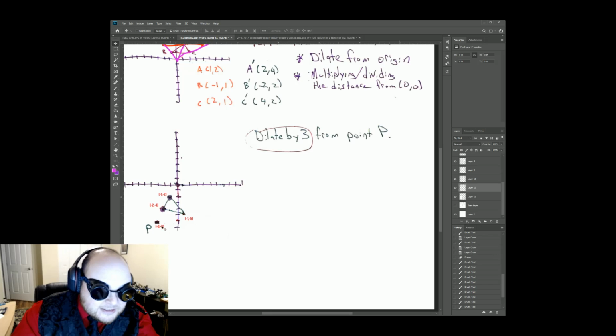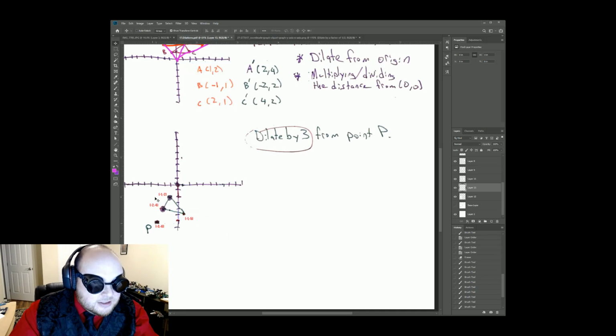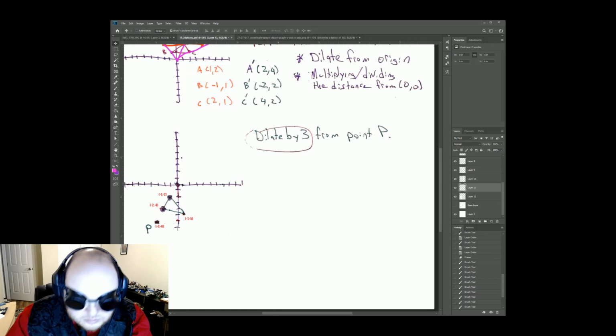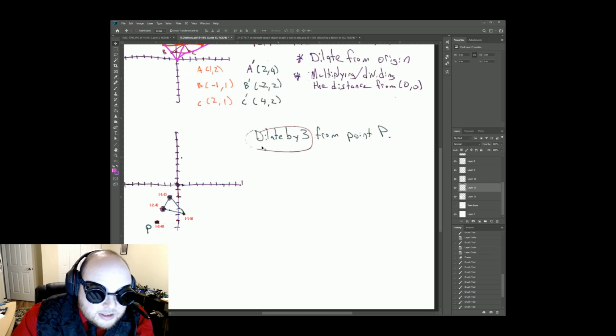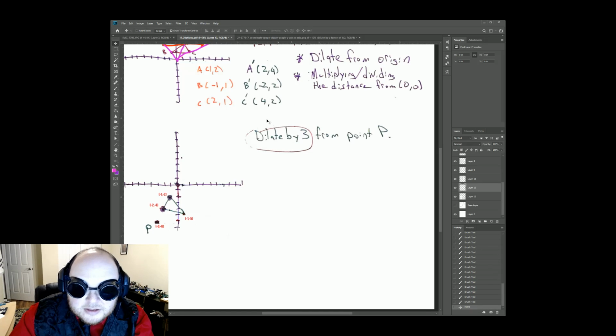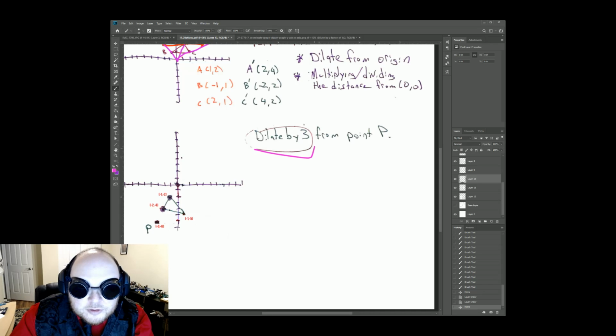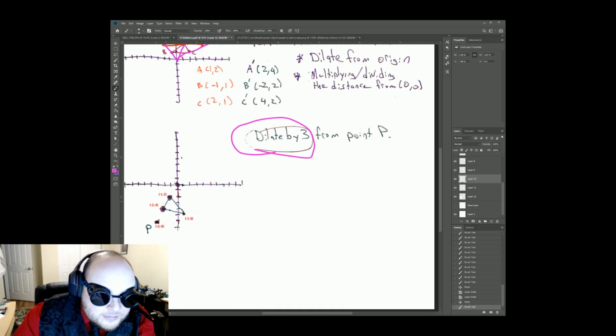So when I say dilate from point P, and the only reason I have those points there is so you can see them if you're graphing them on your own, all we're really doing is counting. And it said dilate by 3. So we got to remember that. Okay, so I count over 1, up 1, 2.